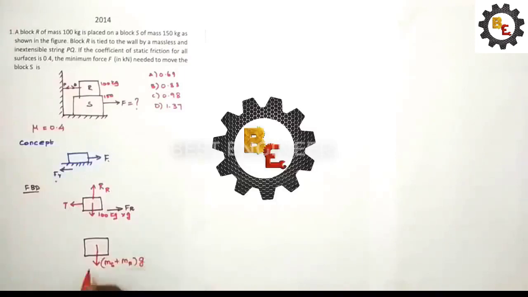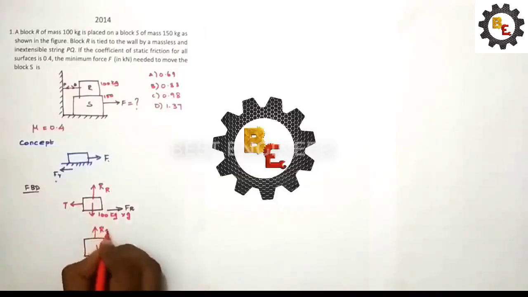For block S, the weight will act here. Block R is over block S, so mass of S plus mass of R into G. Normal reaction will act here, R S.